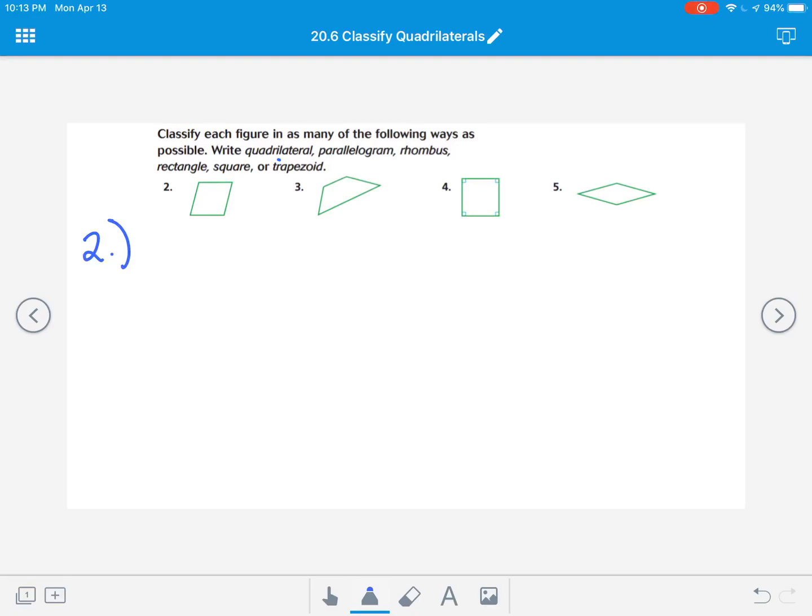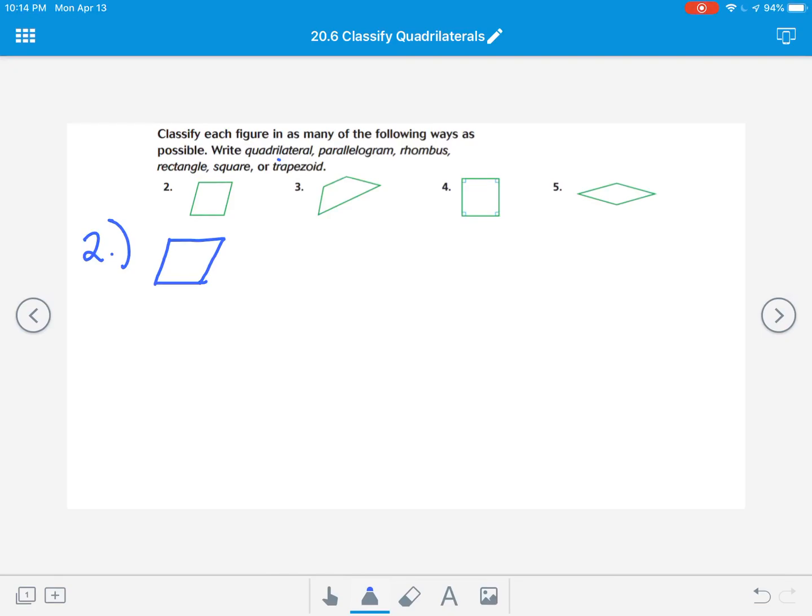So let's get started. Number 2, I see the figure looks like it has all sides that are equal, but I see that we don't have right angles in the corners. So that tells me that this cannot be a rectangle or a square because it does not have right angles.